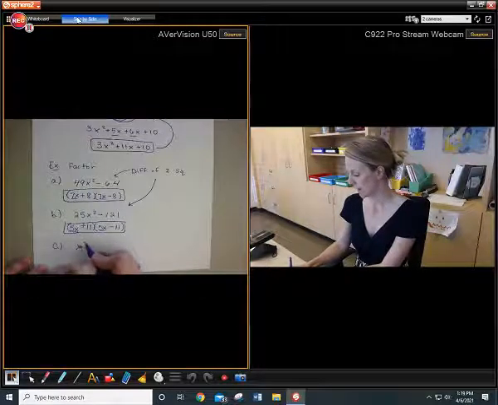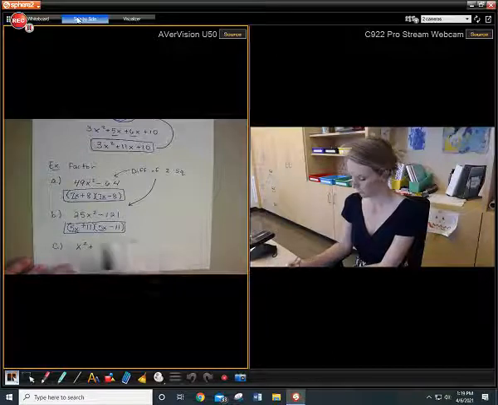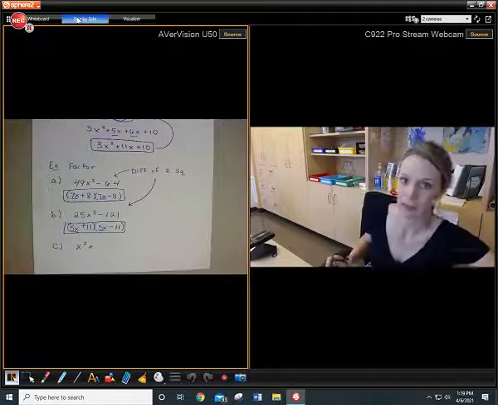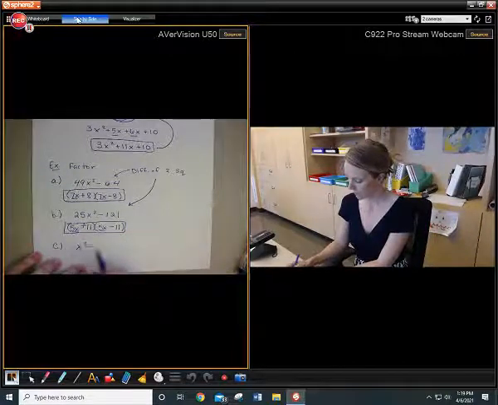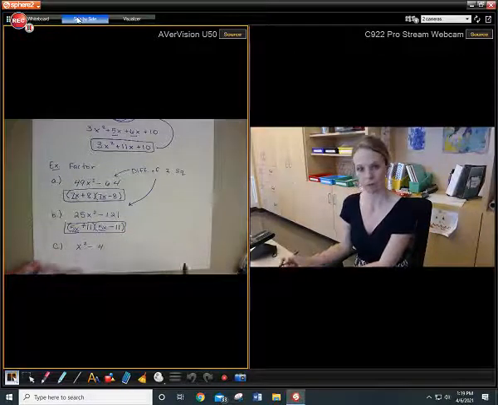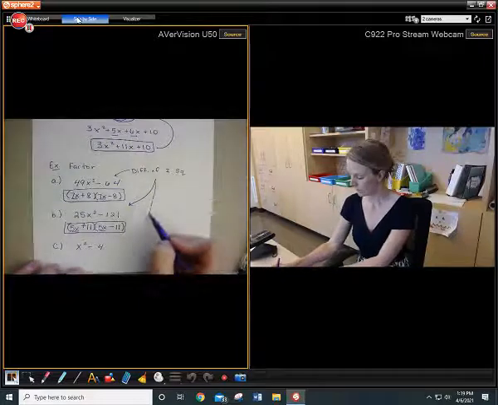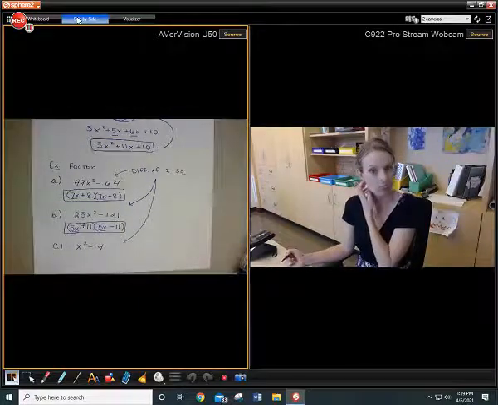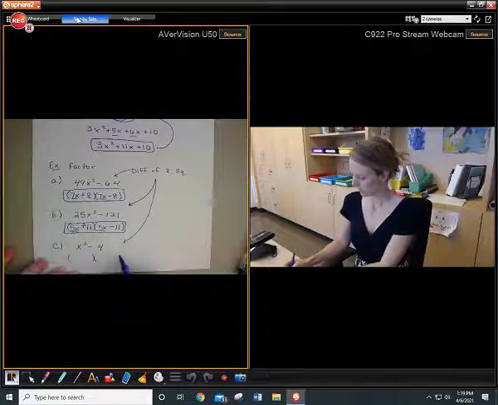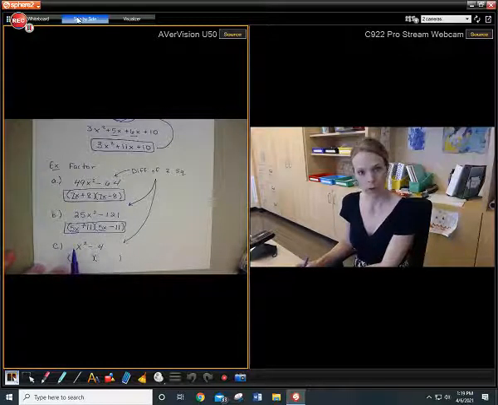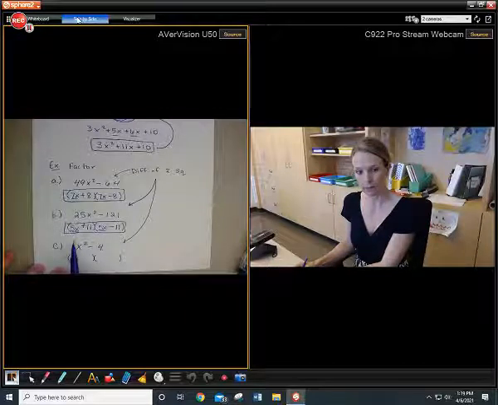Let's say they have x squared plus, oh, it's not supposed to be plus because we're working on difference. So let's do x squared minus 4. So again, I still am giving you the difference of two squares. Okay, so if they don't have a number in front, we've talked about how before that this was a 1.